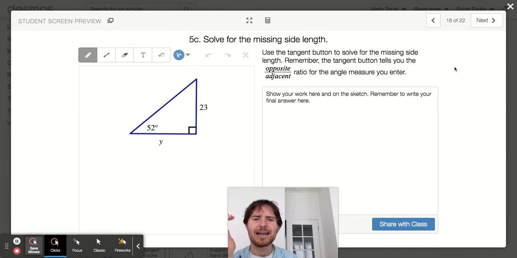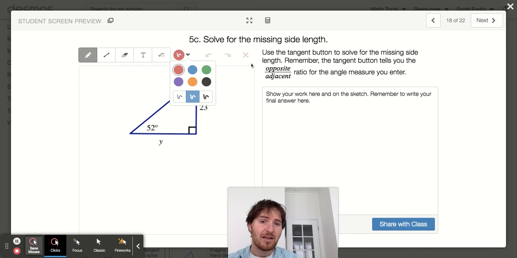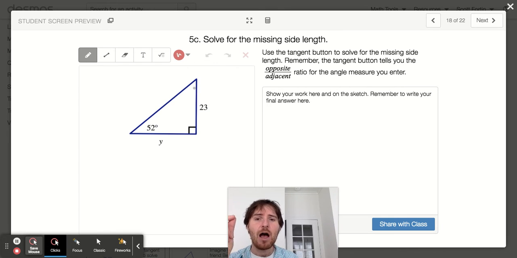All right, slide 18. This one here. You have two options on this one. Here's how I would do it. Because I like having my numerator be a fraction, I would find this angle is going to measure 90 minus 52. Remember, the acute angles of a right triangle are complementary.